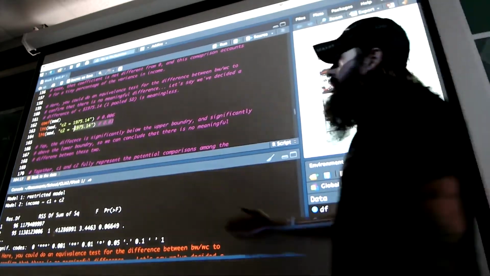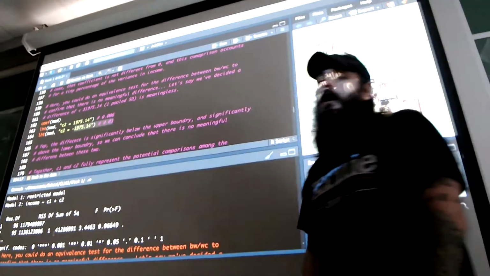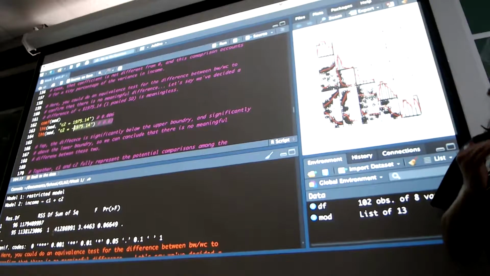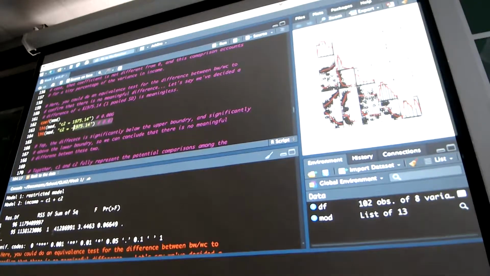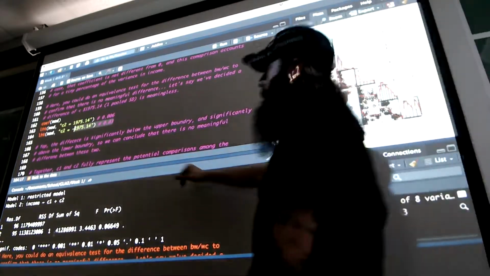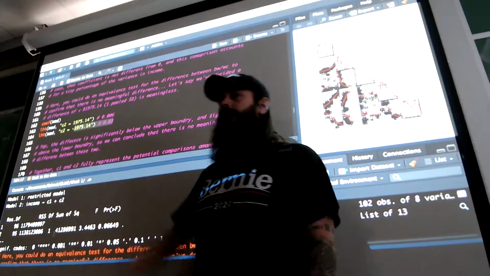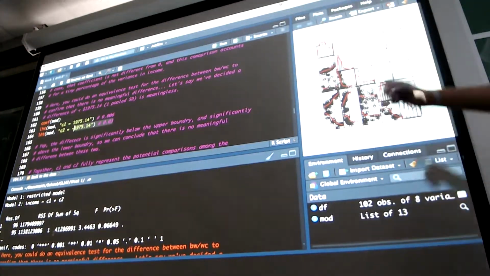So whichever one is closest to not being meaningless, if that makes sense. Because if you always report the biggest one, then we know the other one is going to be even more significant, and that's not particularly meaningful to us.